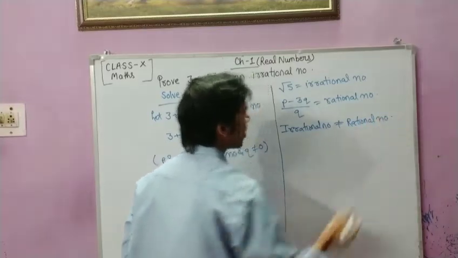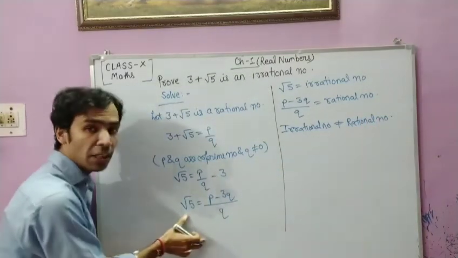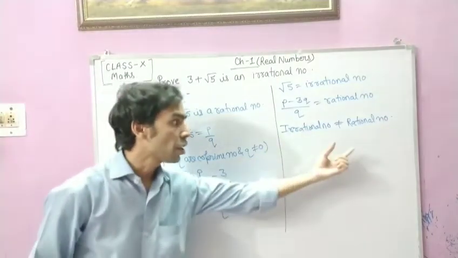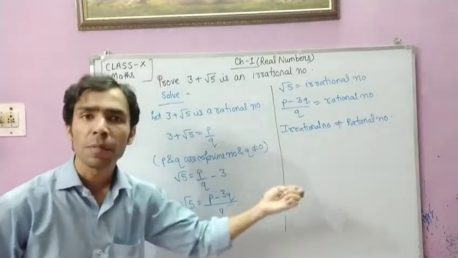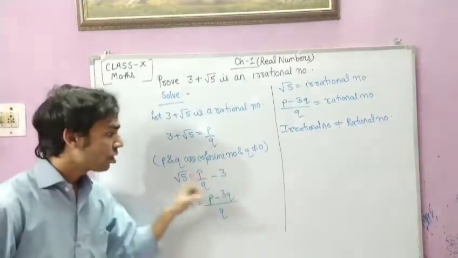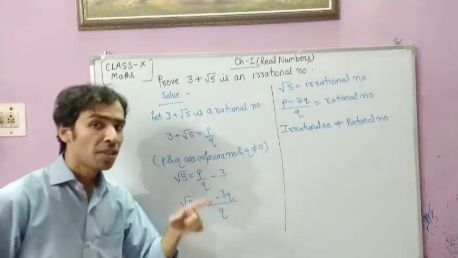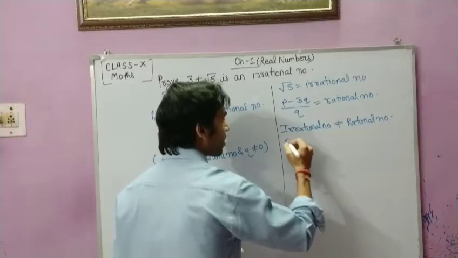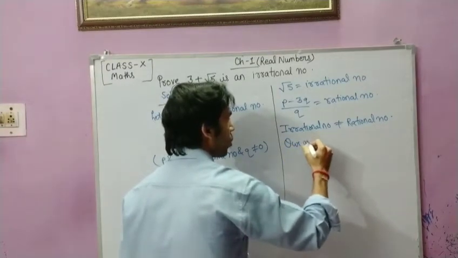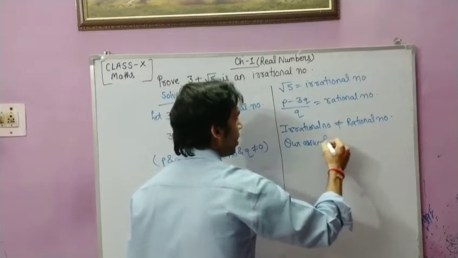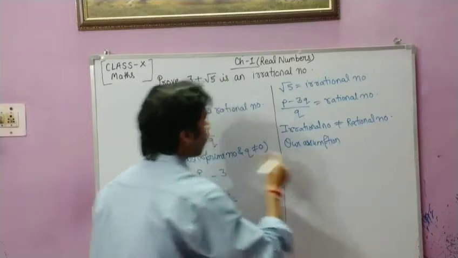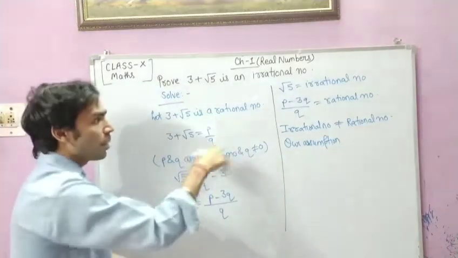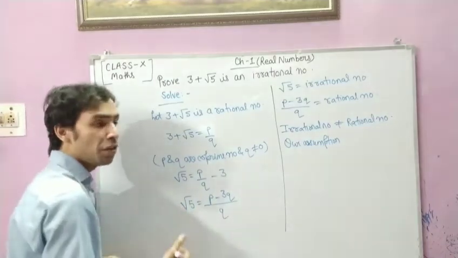But we are getting these things in this statement. It means that after calculation we are getting both equal, which is not possible. So we will write here, our assumption was wrong because rational and irrational cannot be equal. Whatever we have assumed by this approach, we are seeing that these two are equal, which is not possible.